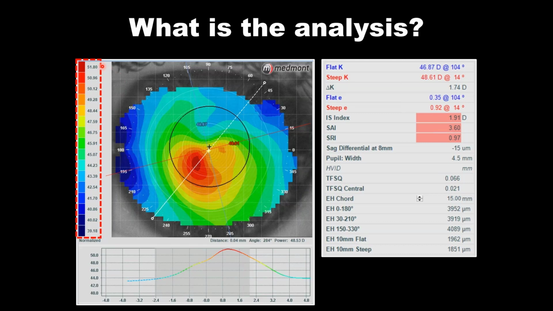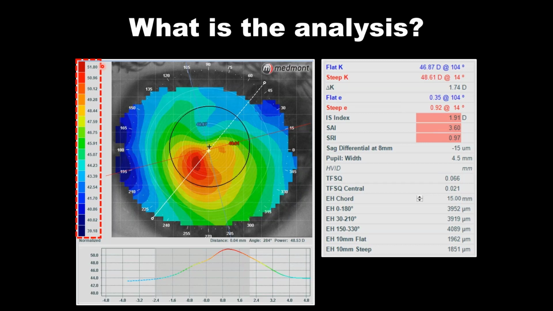So there's around an 11 to 12 diopter distribution of power. So this is above our threshold of 10 diopters of power distribution. That would certainly be indication that we have an irregular cornea.